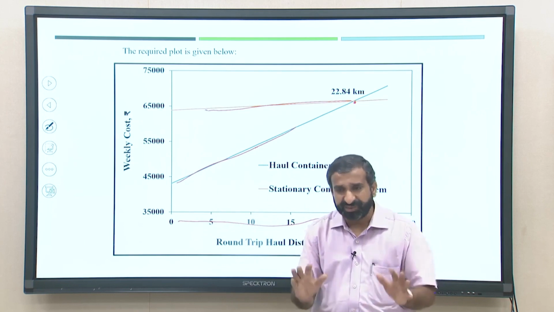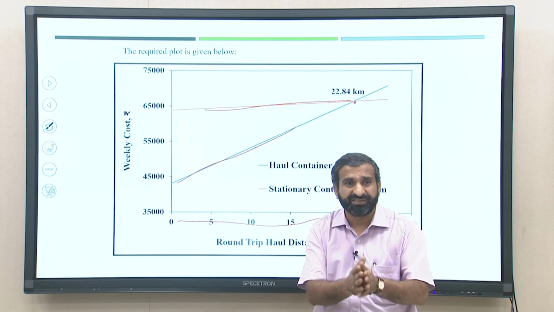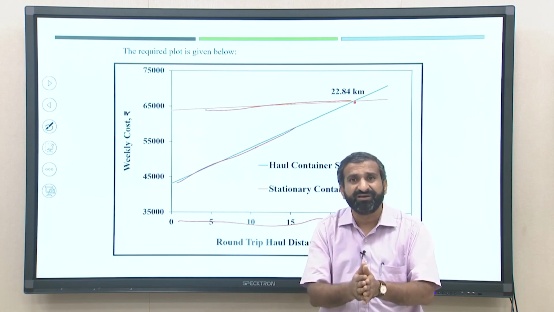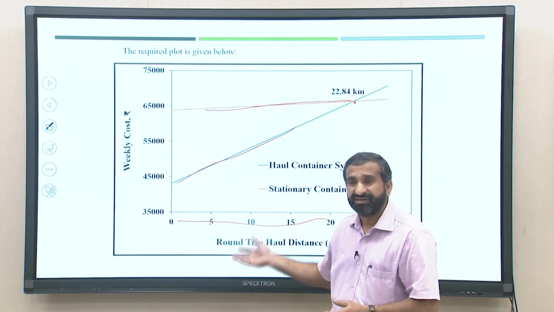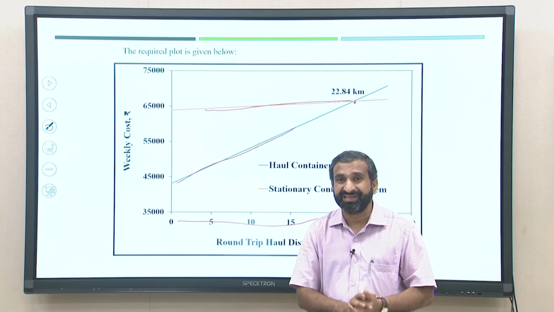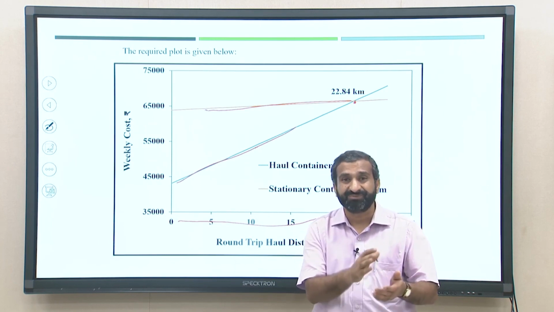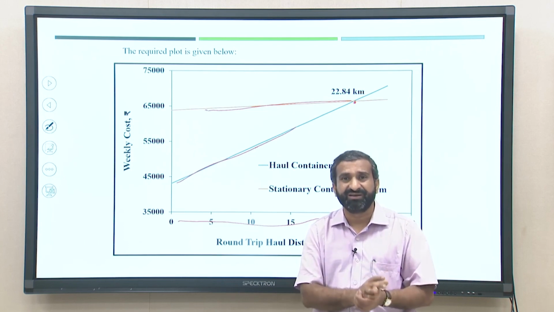And especially for the class 2 towns in India, or if you take the district centers or taluka level, these kinds of Hall container systems are highly beneficial. So, again you will ask, sir, is it possible to have the Hall container system in the smaller cities, because you will require special kinds of vehicles?